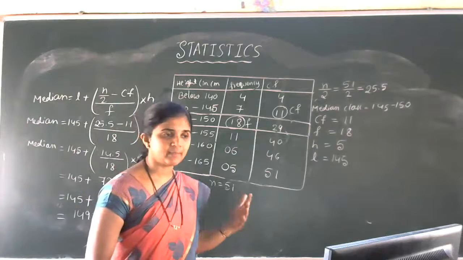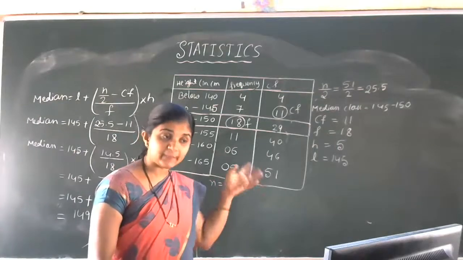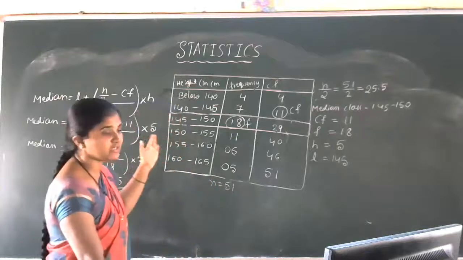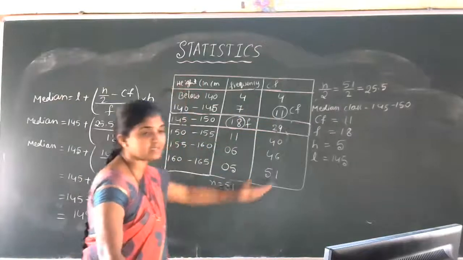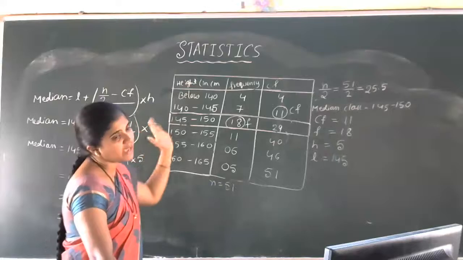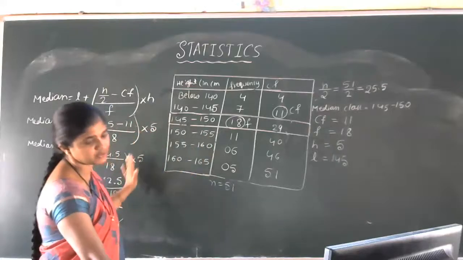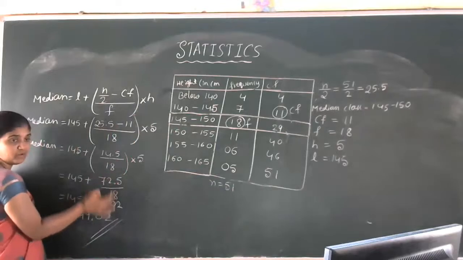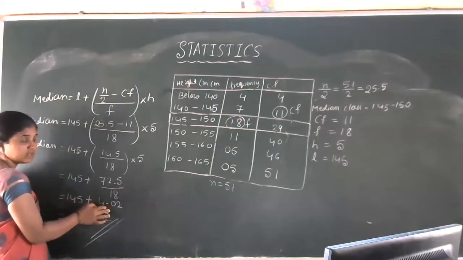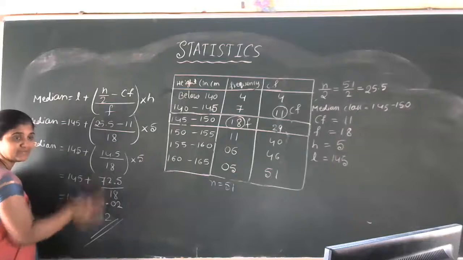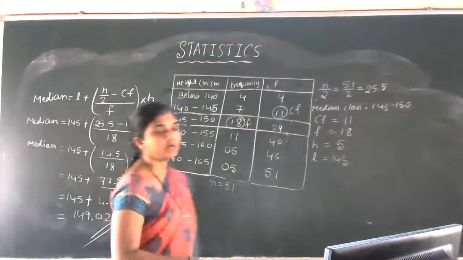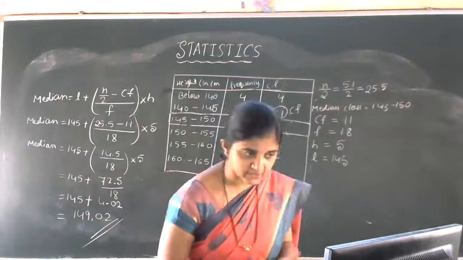This is a different type of question, a less-than type conversion, but we converted the less-than type into this class interval form. Then, as usual, formula, substitution and simplification. Here you have to be very careful with the calculation part, otherwise you will not get the complete 3 marks. Do you have any doubts regarding this question?